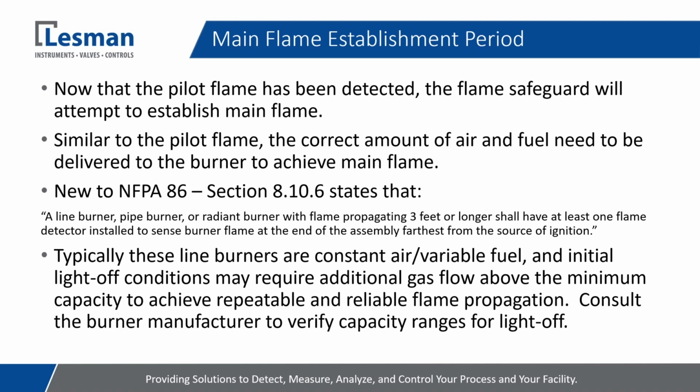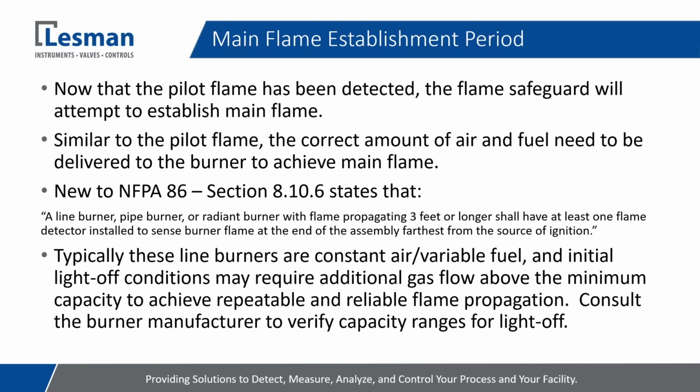But now when the main flame is being introduced, you need to make sure that the gas fills that manifold and flame occurs across the entire length of the burner assembly. So this could be another pain point: I've got a good pilot flame, but once I go to main flame, it doesn't seem to want to go all the way across and detect on the opposite side in time.